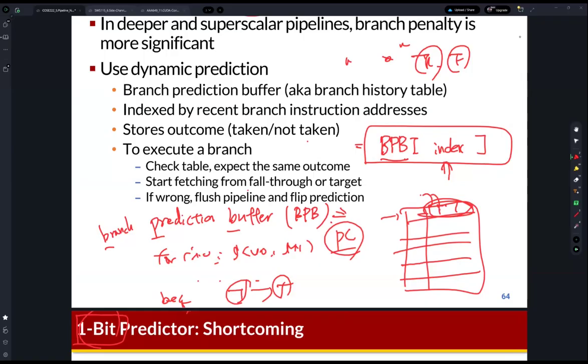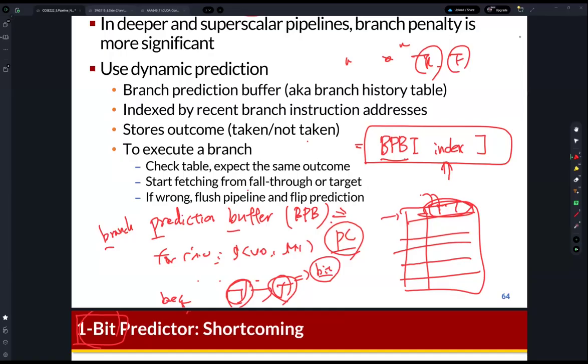If the previous event is not taken, then it expects that the next event is also not taken. So the one-bit predictor just predicts that the result of a branch instruction is the same as the just previous event, right?